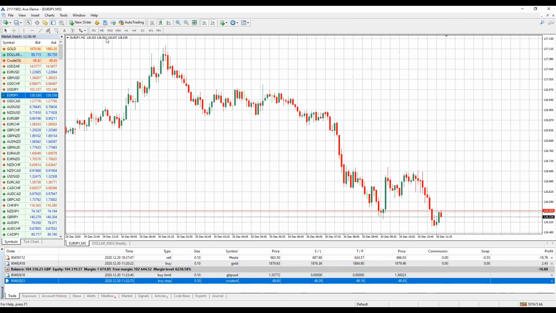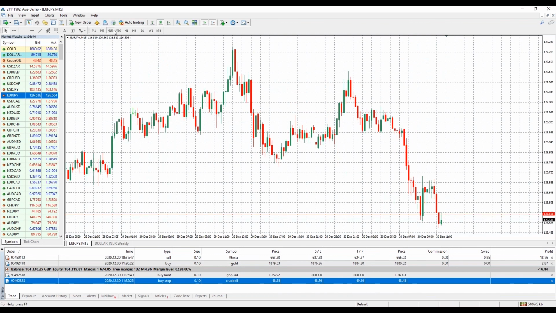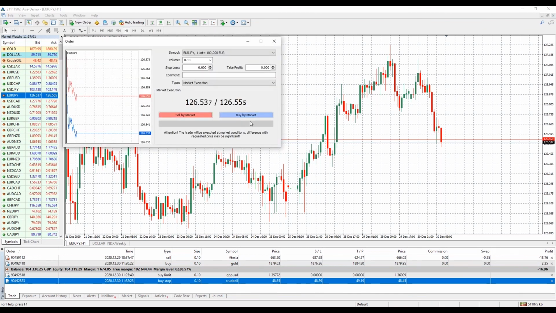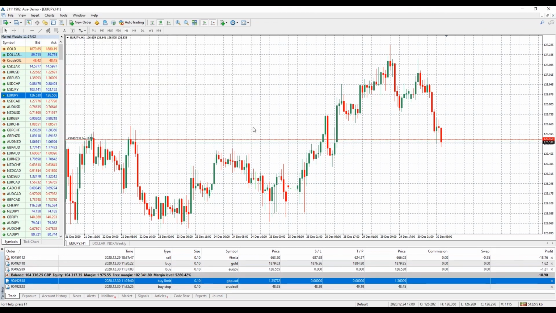Now, if we go to 5-minute candles, we see, okay, maybe it's still dropping a bit. It hasn't bottomed out yet. If we go to 1-hour candles, it looks like a little wick on the bottom, and it's just above this support level here. So maybe I take a shot here. Euro JPY, market buy, and put my stop loss below this wick.